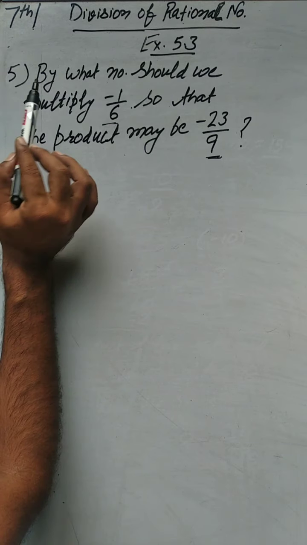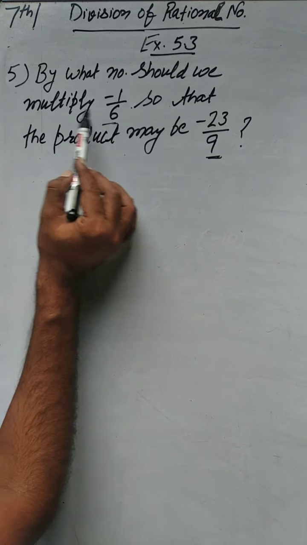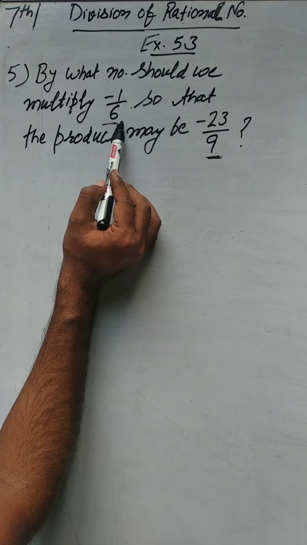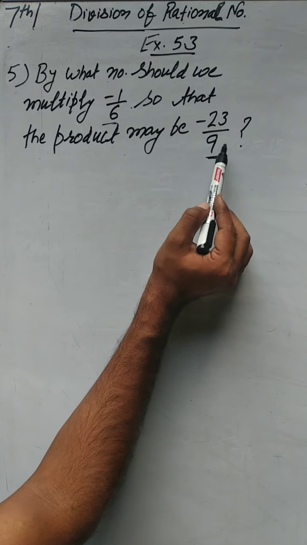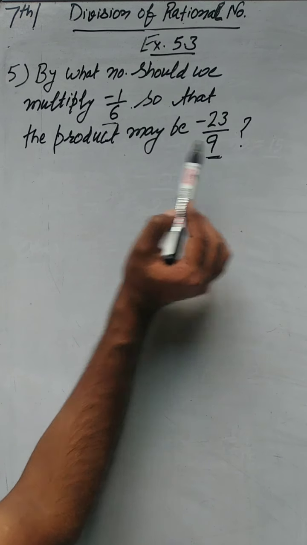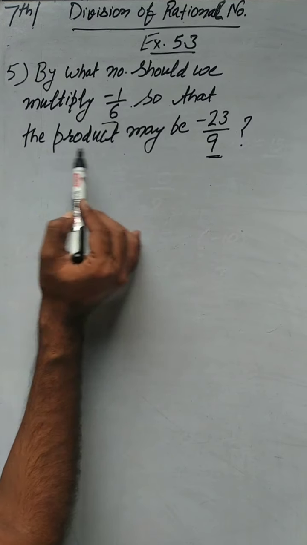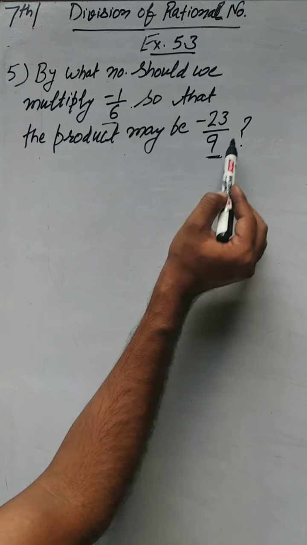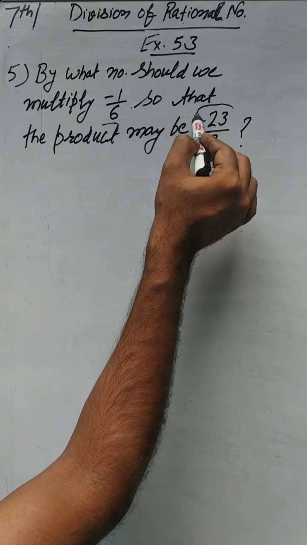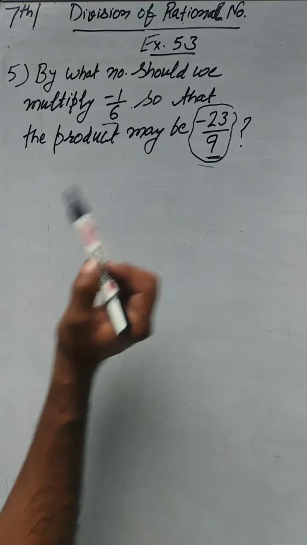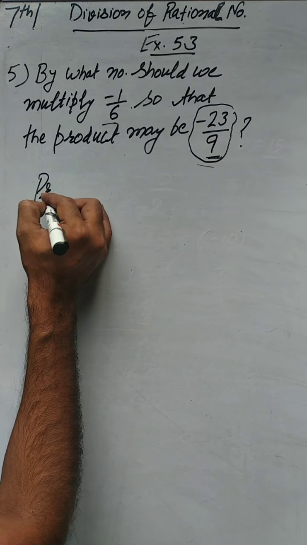Look at the statement: by what number should we multiply minus 1 upon 6 so that the product may be minus 23 upon 9? It means, as in questions third and fourth, we have been given the product of two numbers. The product of two numbers is minus 23 upon 9.